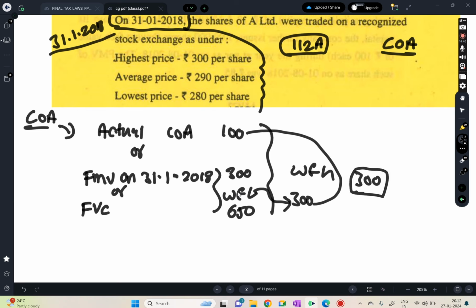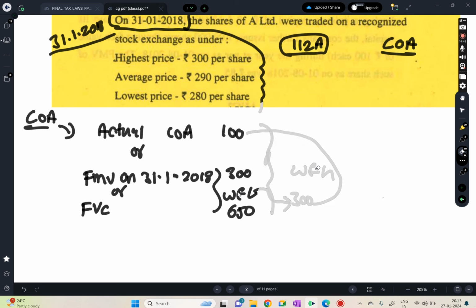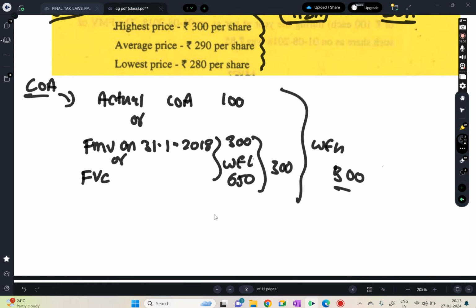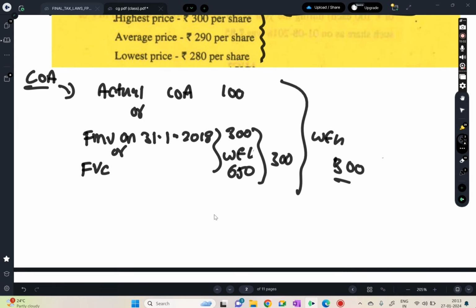Any doubt on this, or do you want me to write it properly here? Understood. Good. So first we have taken whichever is lower, which is 300, and then whichever is higher, which is 300 again. So now we got the cost of acquisition.